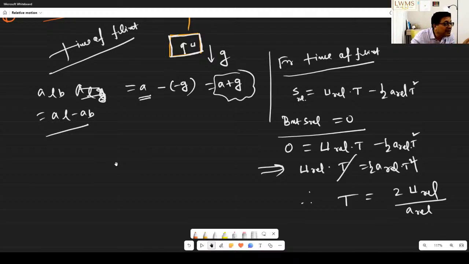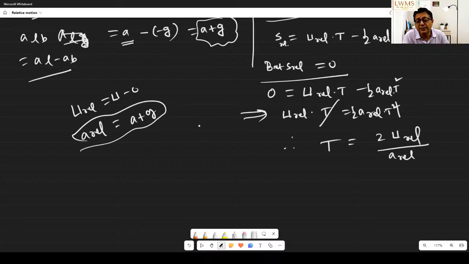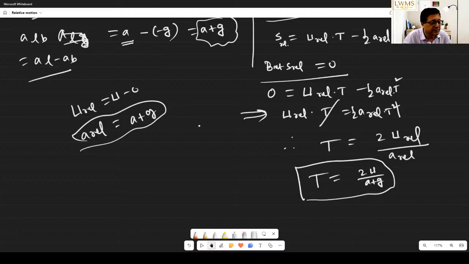The lift's initial velocity is 0, it is just accelerating. So U relative is U minus 0, that is U. A relative we found, that is a plus g. So time of flight is going to be T equals twice U by (a plus g). Never forget this. Clear? Now can you write all the equations for motion here?